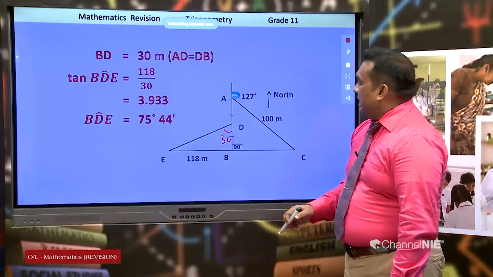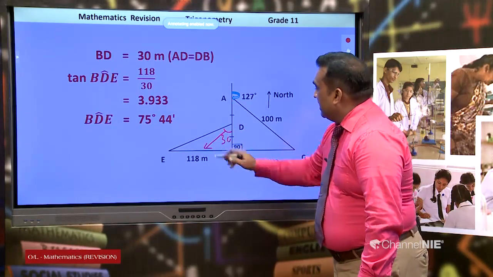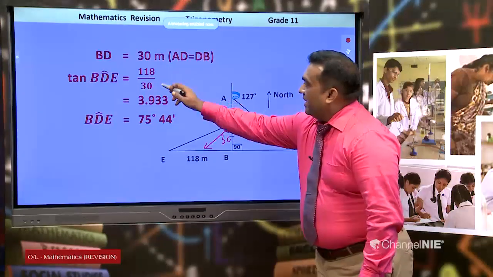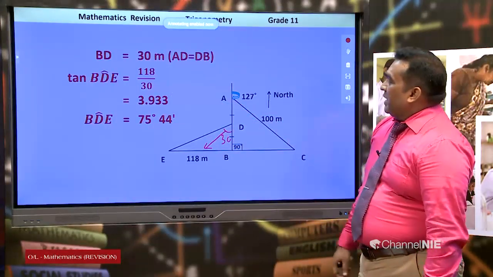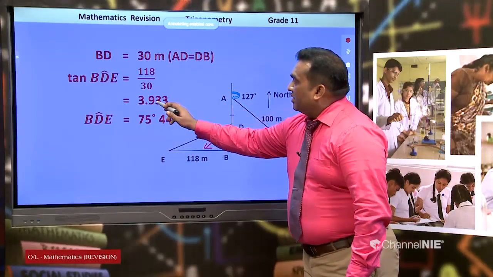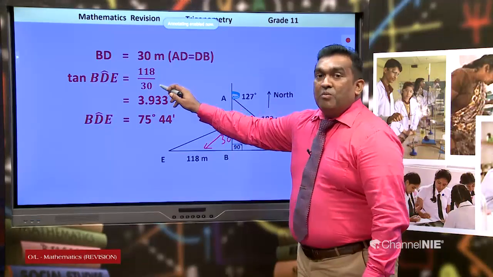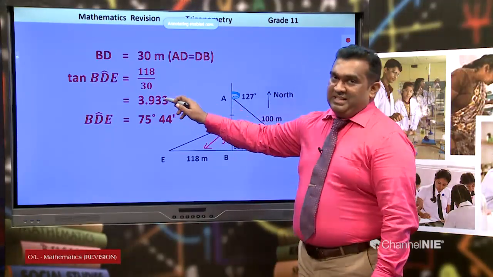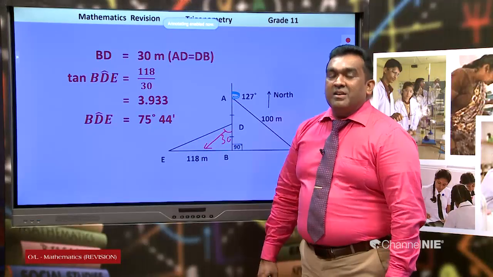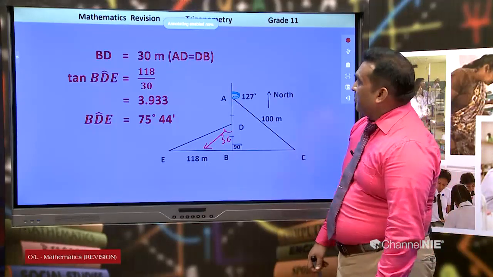Tan BDE, here you can see opposite side over adjacent side, 118 over 30. After simplifying, you have 3.933. What is the corresponding angle from natural tangents? 75 degrees and 44 minutes, right?